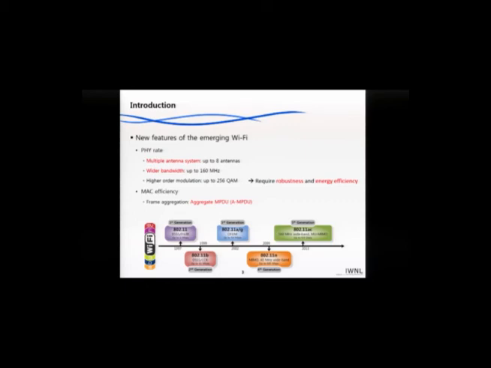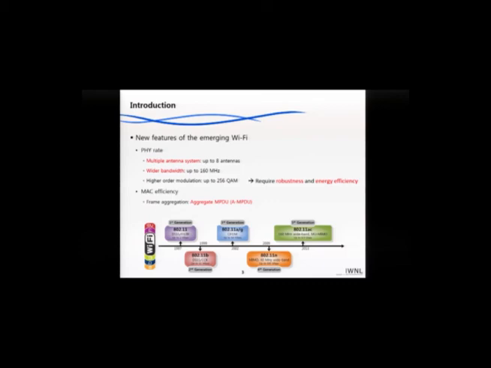In medium access control, one of the features which today's Wi-Fi includes is frame aggregation. I'll talk about it more, but by aggregating multiple frames together and transmitting them in a single packet, the MAC protocol overhead can be reduced so that the user perceived throughput can be enhanced.